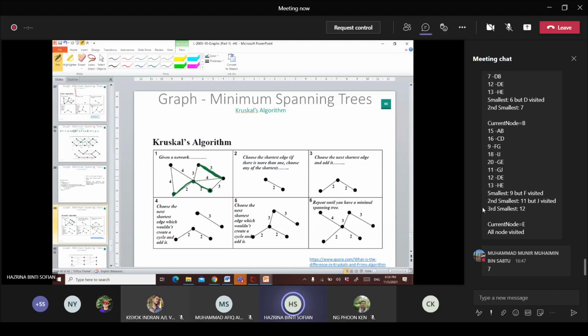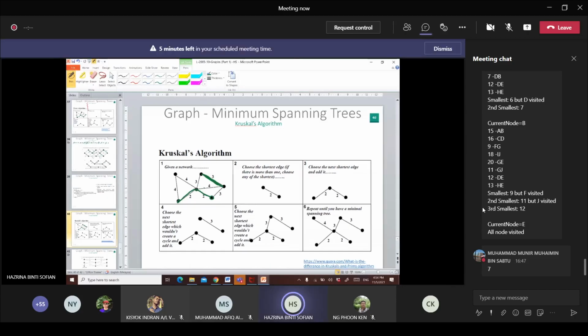So you can take either these 3 or these 3 as long as it's a spanning tree.